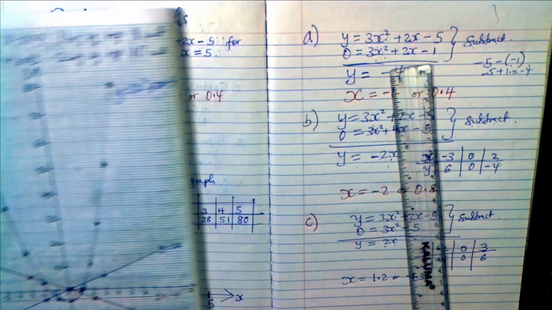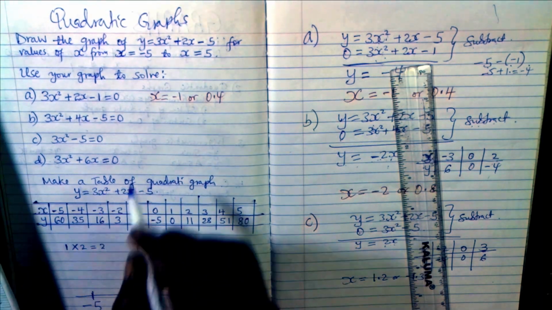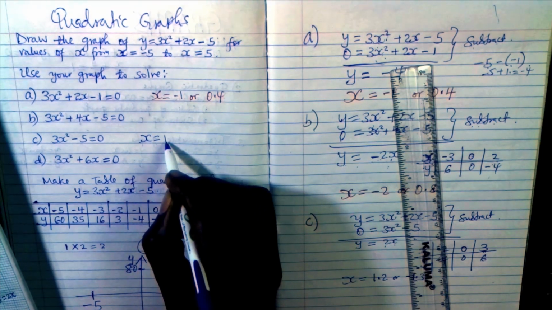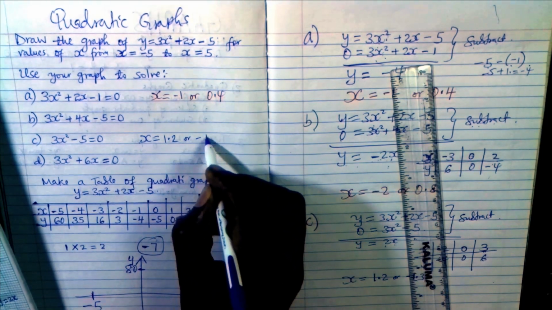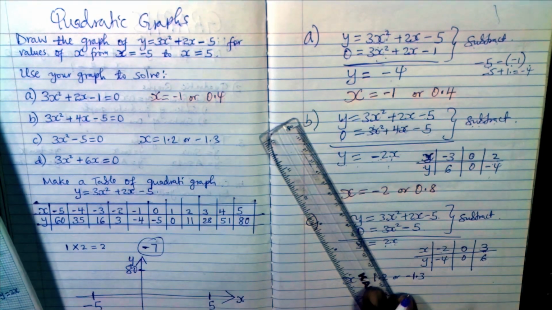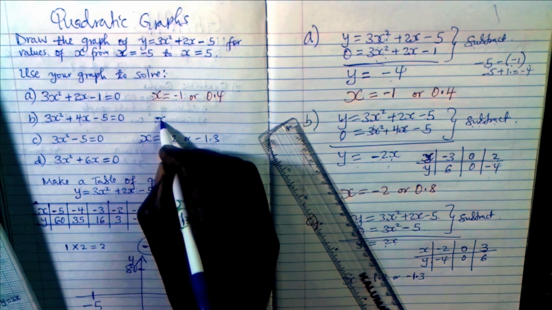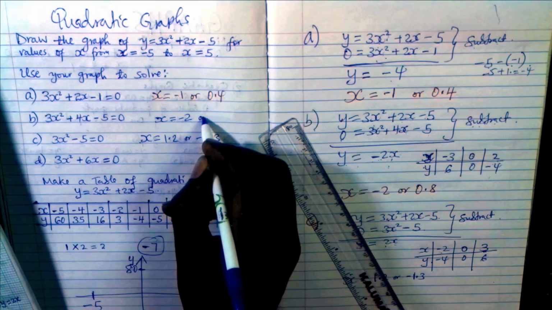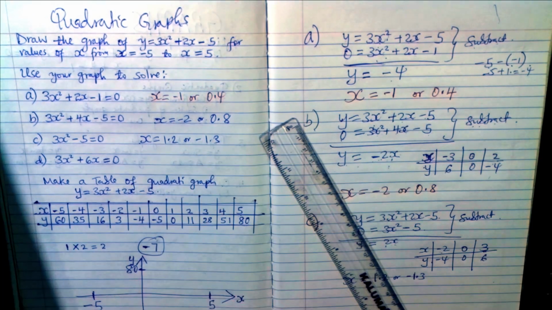So x is 1.2 or minus 1.3. The other one we saw was x is equal to minus 2 or 0.8.